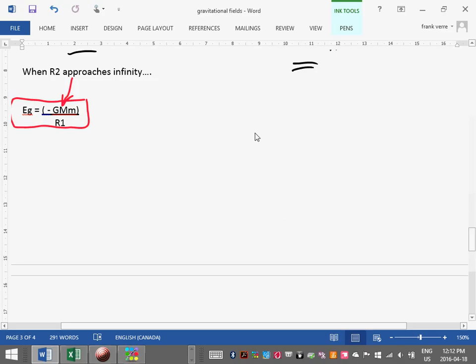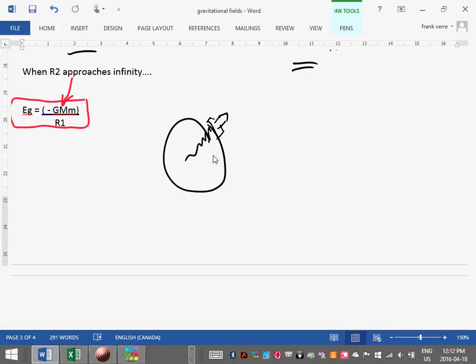What if I ask you a question? How much energy would it take on the Earth, and say you have a rocket ship that's blasting off, and you want to know the minimum amount of energy that you need? This obviously would be kinetic energy to escape Earth's gravitational field.